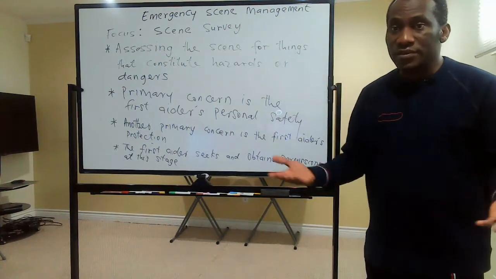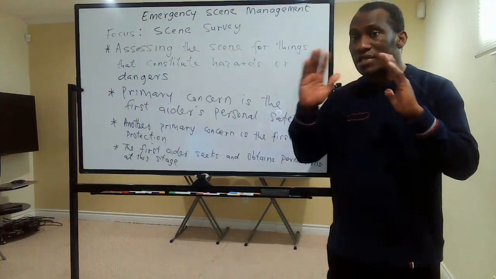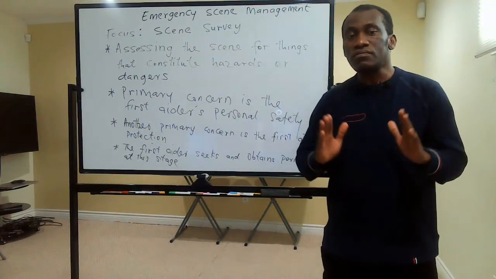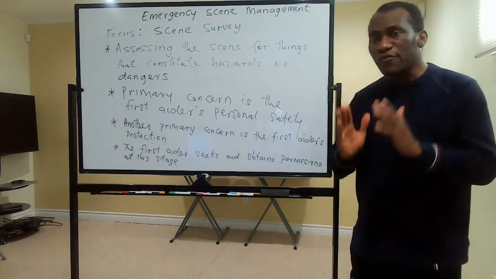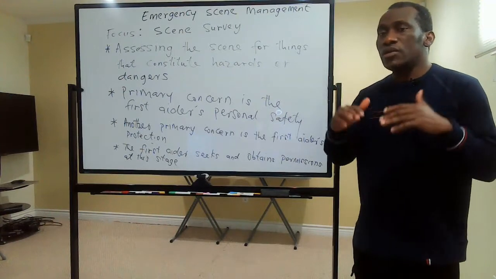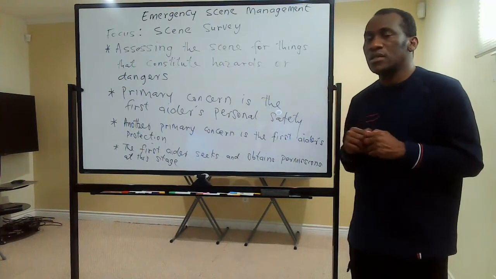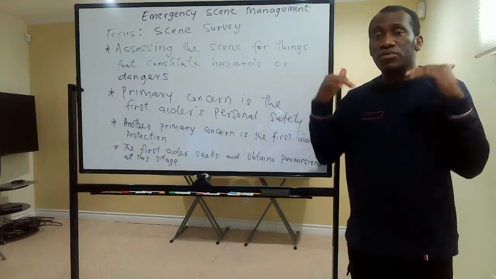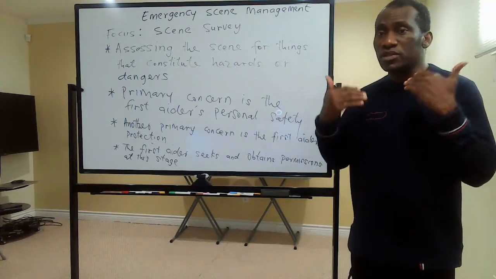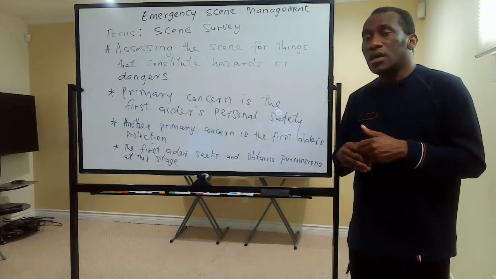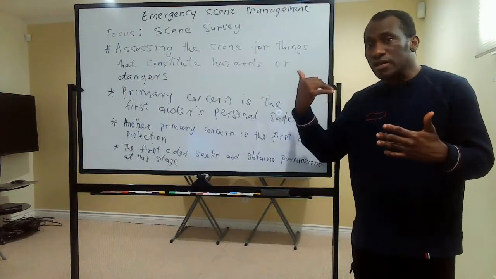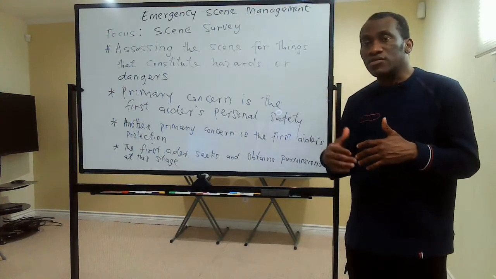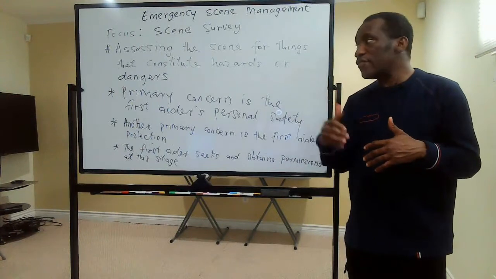The very first thing is to assess the area, because you don't want to be another victim. You don't want to overlook this and put yourself in harm's way by ignoring this all-important stage. It looks simple, but it is very vital.